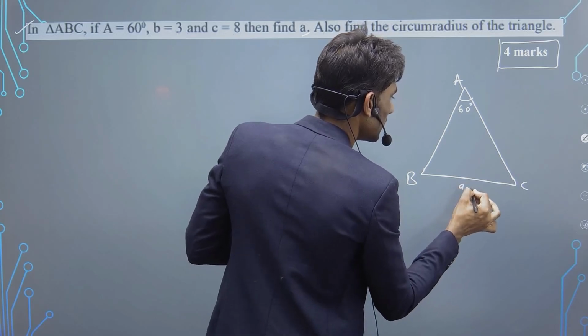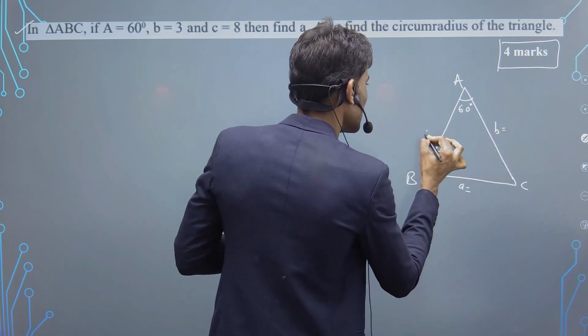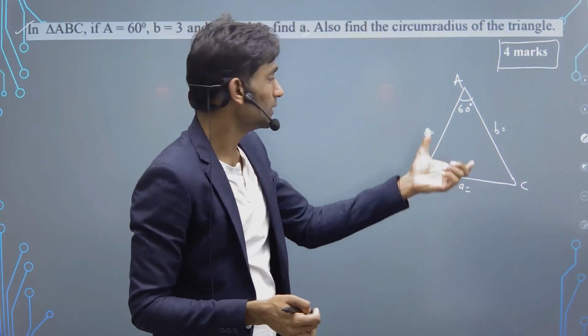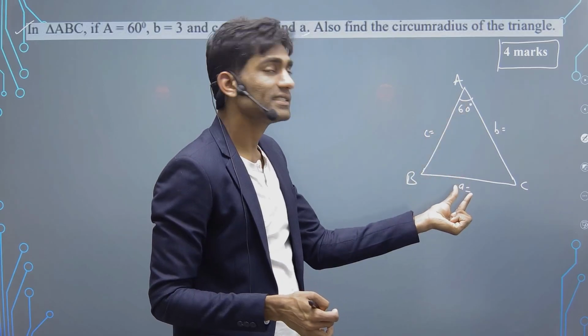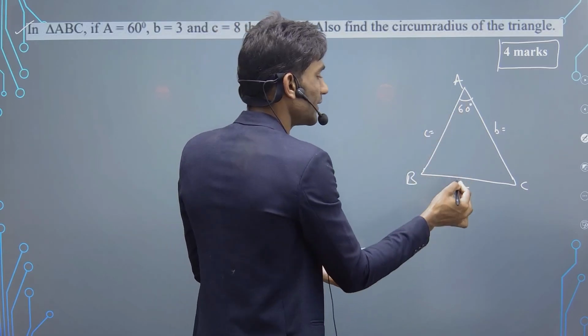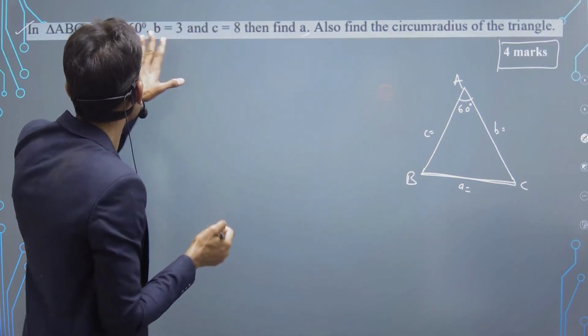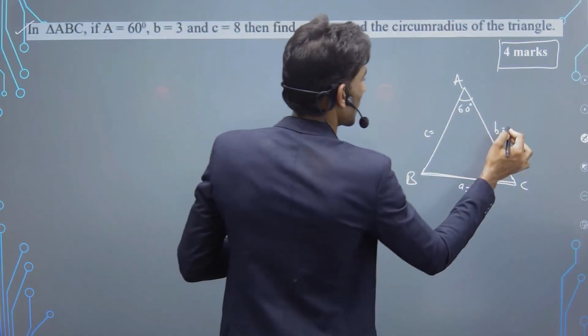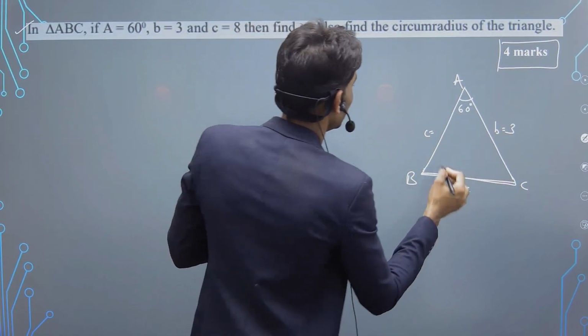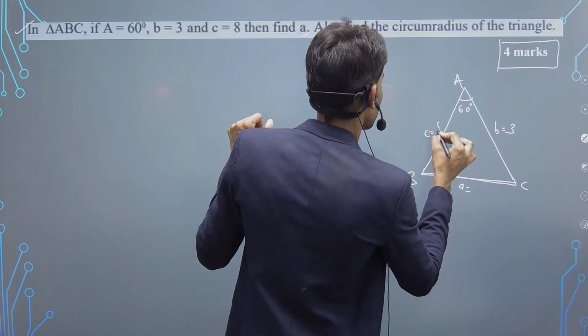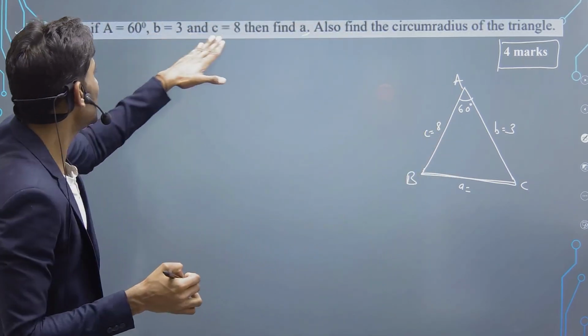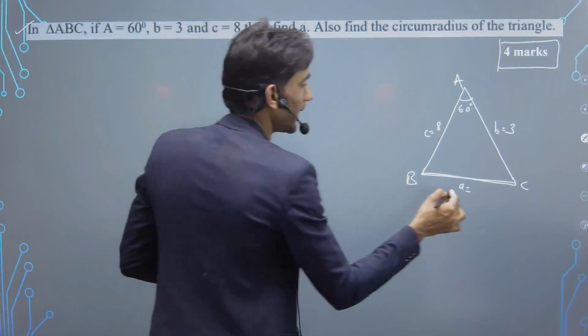Small a, small b and small c are the sides. Always remember the sides in front of the angles: capital A has the side small a in front of it. We are given b is 3 and c is 8, and we have to find the value of a.